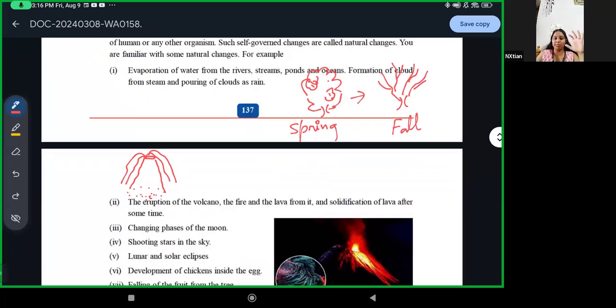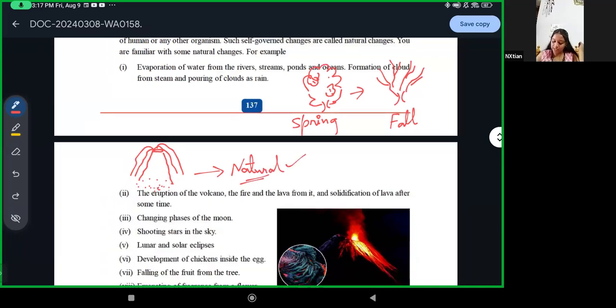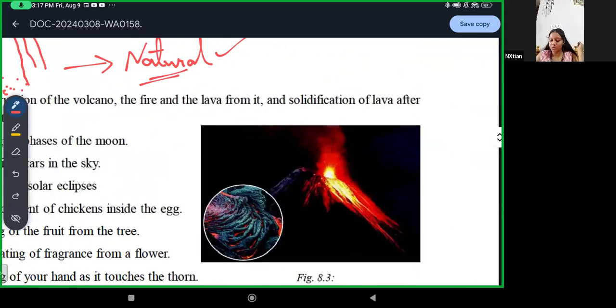It solidifies means it becomes solid after some time. So are we going in the volcano and bringing buckets of lava out? No, it's not from human interference. It happens on its own. This is a natural phenomenon that happens on its own. Look at this image.